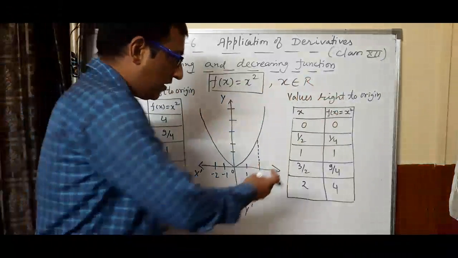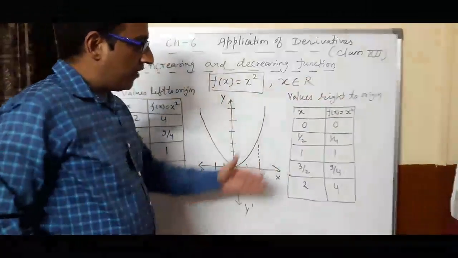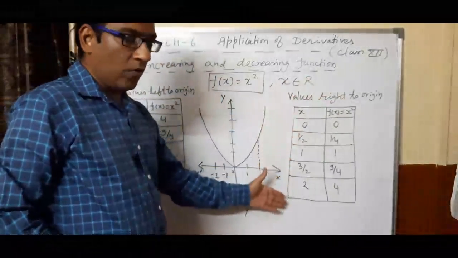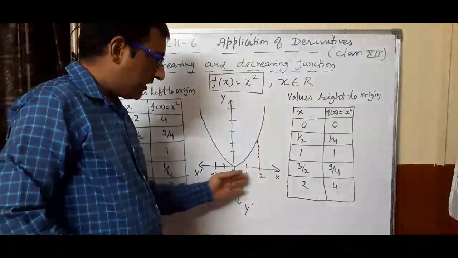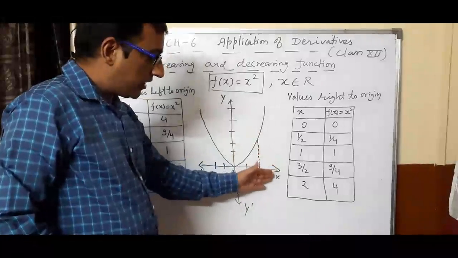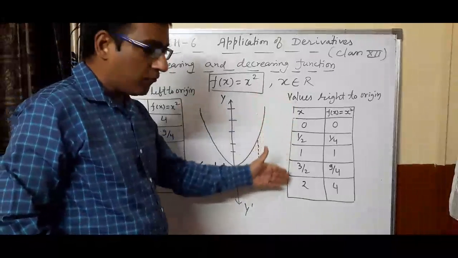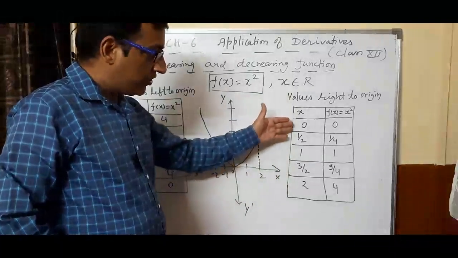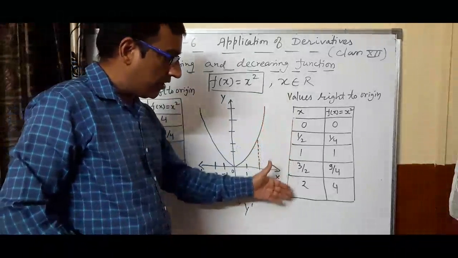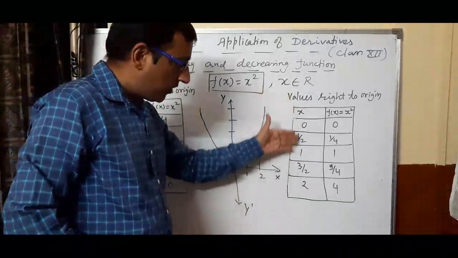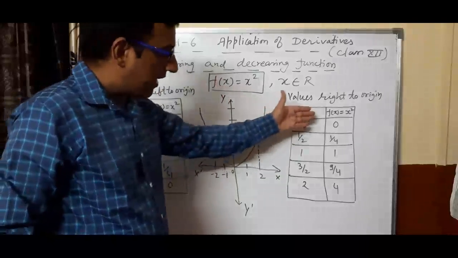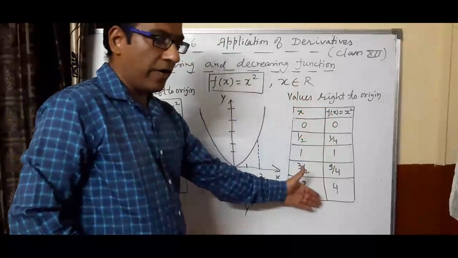It means right to origin we take different values of x, because right to origin is the positive x-axis, so we will take positive values. We will start from 0, half, 1, 3 by 2 and 2, and when we put these values in the given function, we will get different values of y.